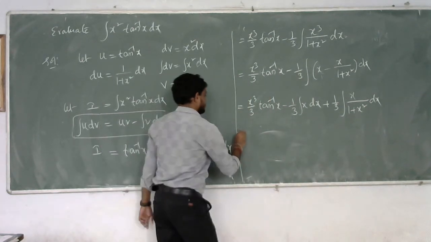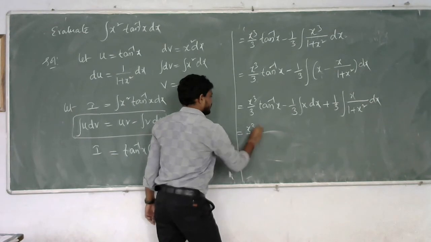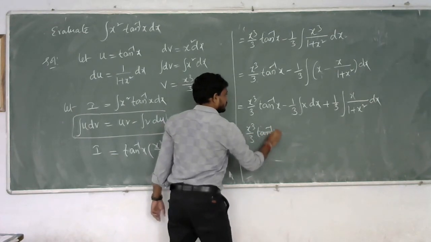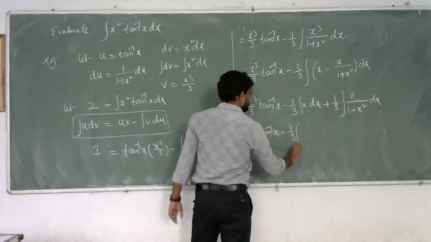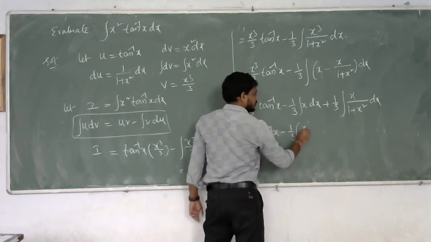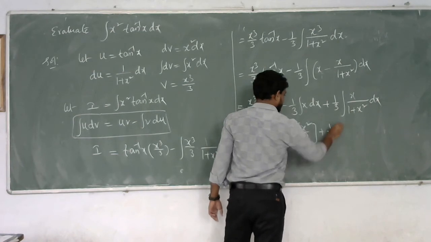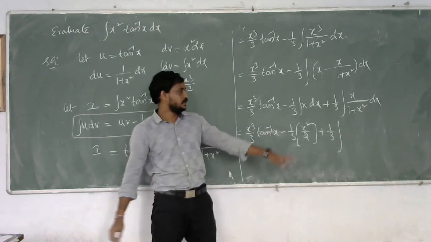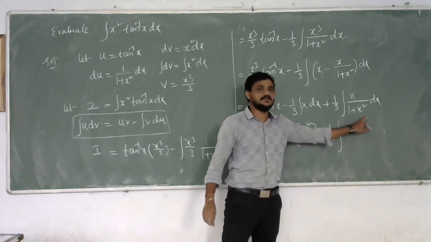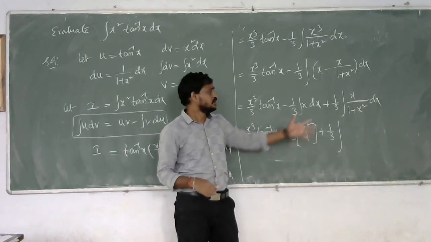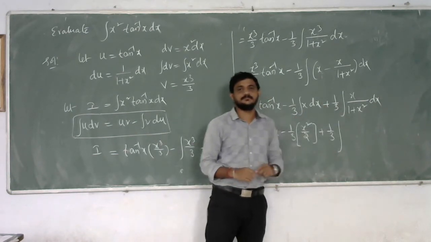Next, x cube by 3 tan inverse of x minus 1 by 3, the integration of x is x square by 2, plus 1 by 3 into integral, here again x by 1 plus x square is there. Now how to solve this integral?